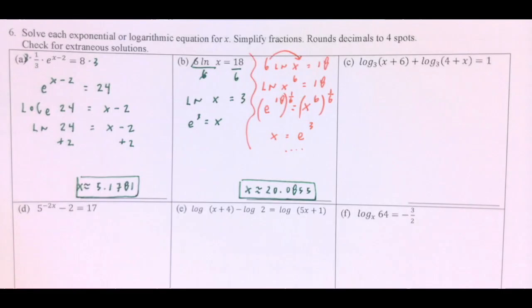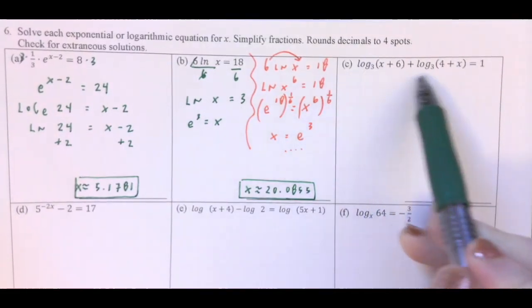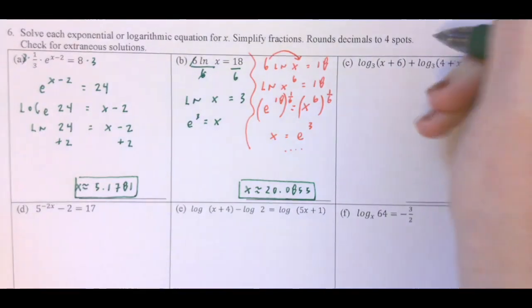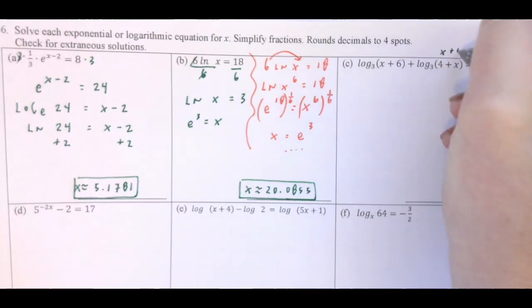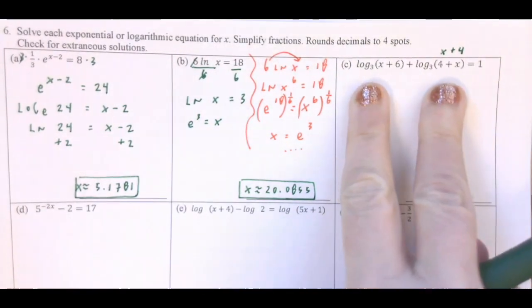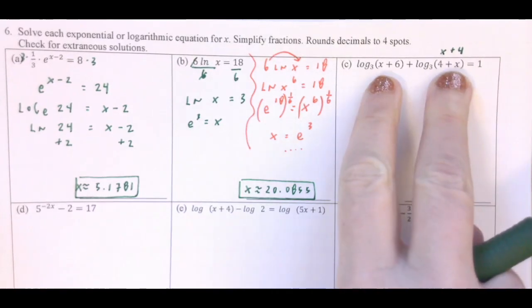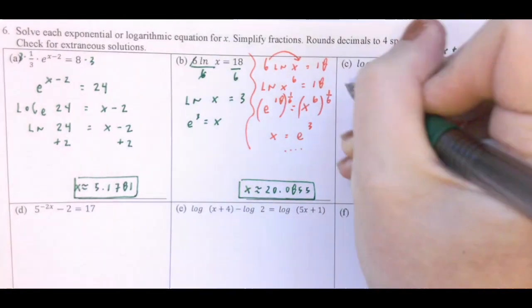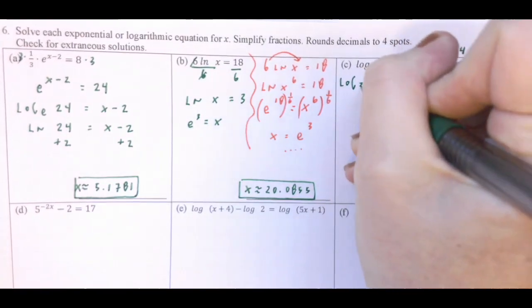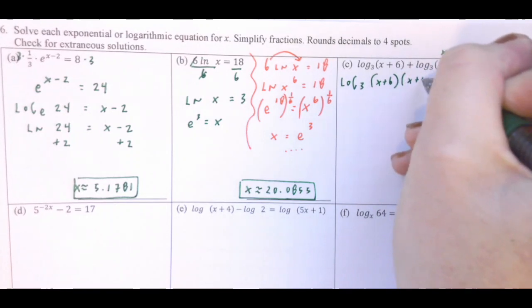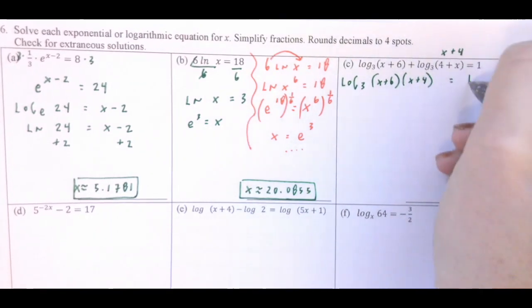Okay, next one, C. Here I have 2 logs on the same side. And I know that even if I write it as 4 plus x, that's really x plus 4. So if these are being added, I can fuse them into one log by multiplying their arguments. So I really have log base 3 of x plus 6 times x plus 4 equals 1.